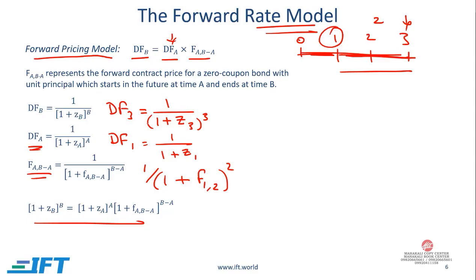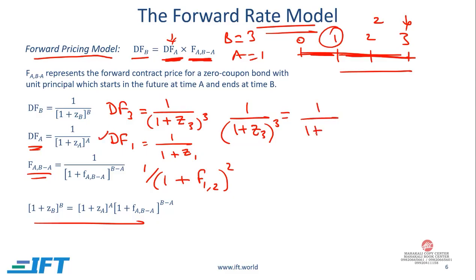Now, if we use these expressions and plug them into the forward pricing model, what do we get? Instead of DFB, we are saying that B is 3 and we are saying that A is 1. So instead of DFB, we write this: 1 divided by (1 plus Z3) cubed. This is equal to DF1 times F(1,2). DF1 is shown here, that is 1 divided by 1 plus Z1, multiplied by the forward price.